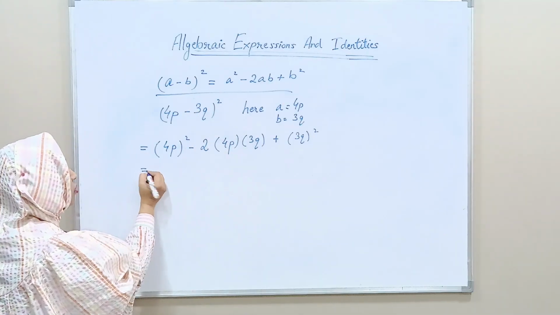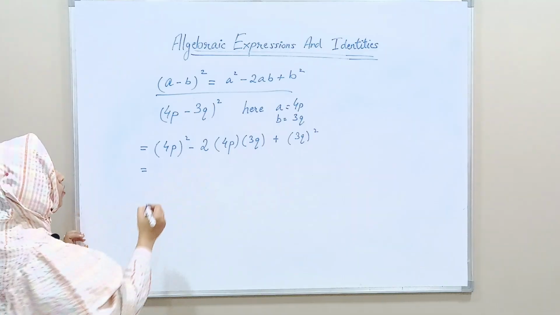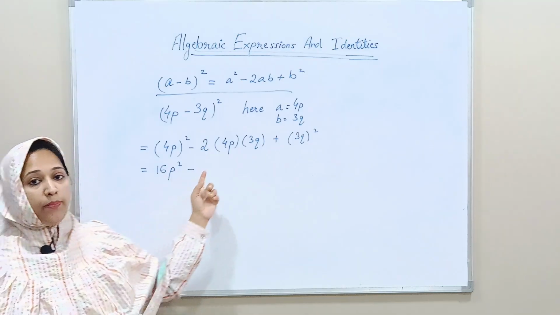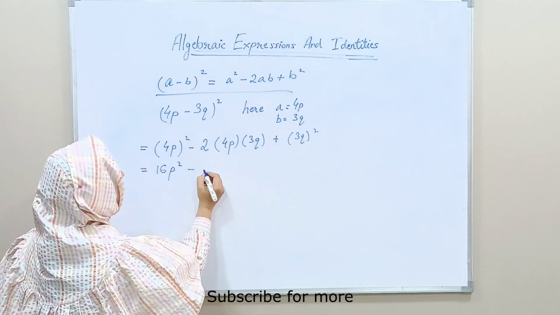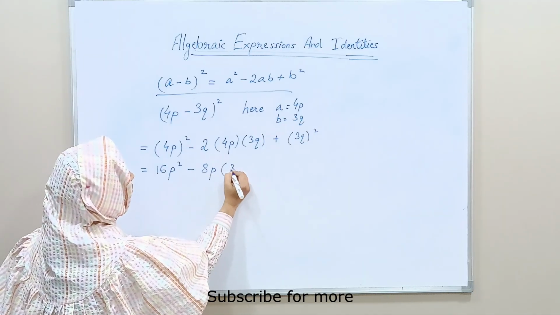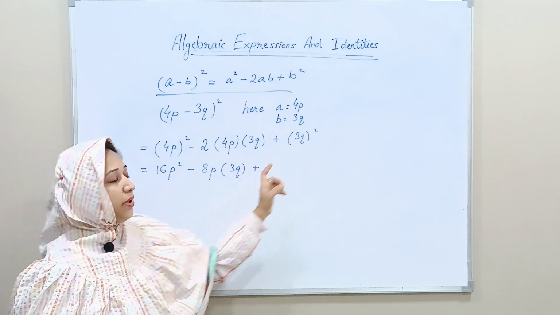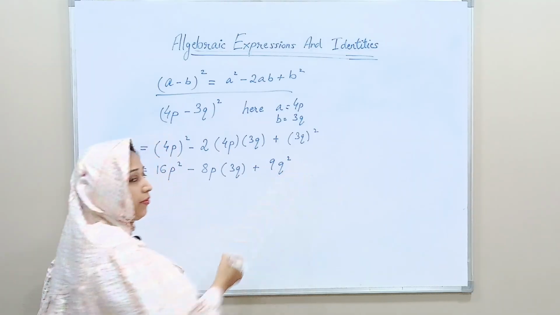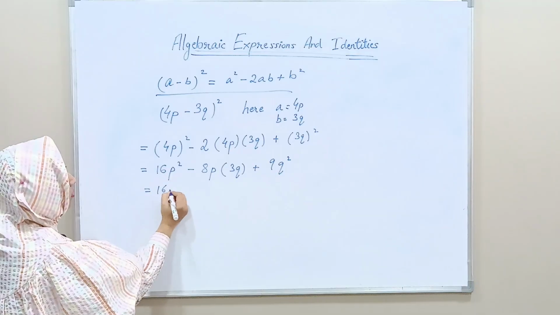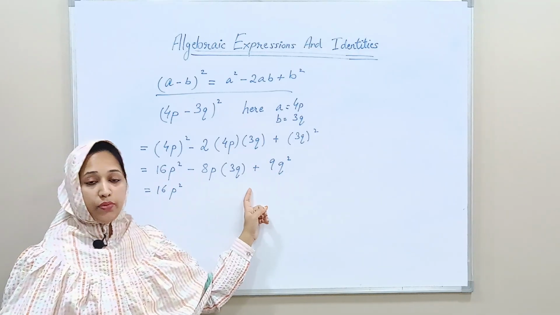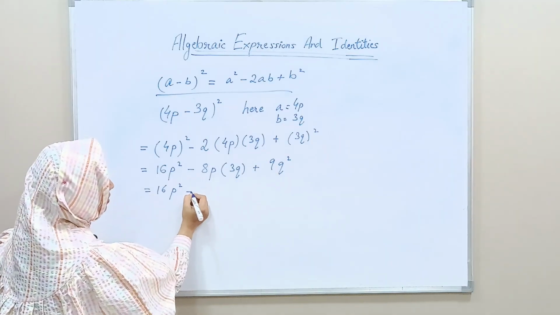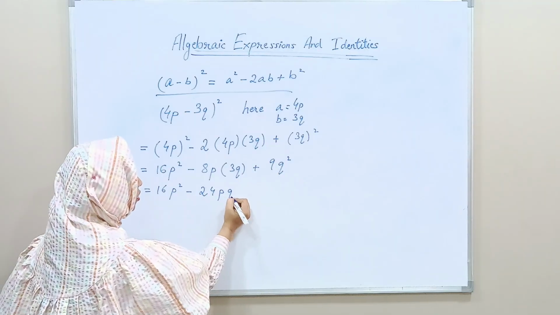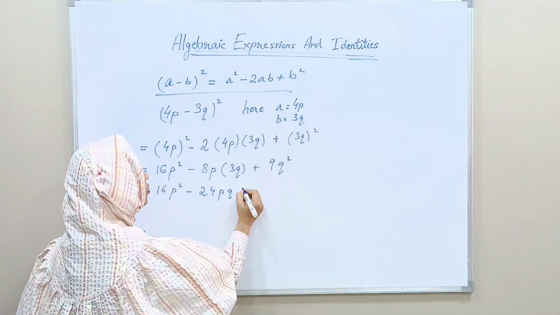We have put the values in the respective identity. Now solving it, 4 square is equal to 16, so 16p² minus, multiplying the digits, 2 into 4 that is 8, and pq as it is, 8 into 3 is 24, so 24pq, plus (3q)², so 3 square is 9q².